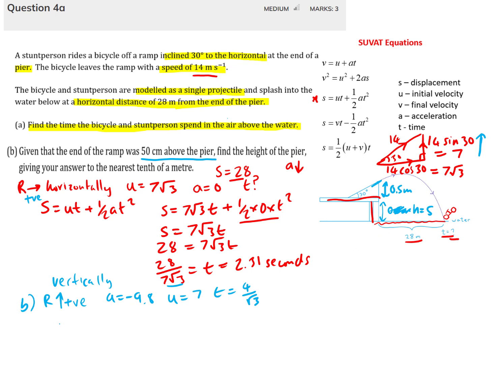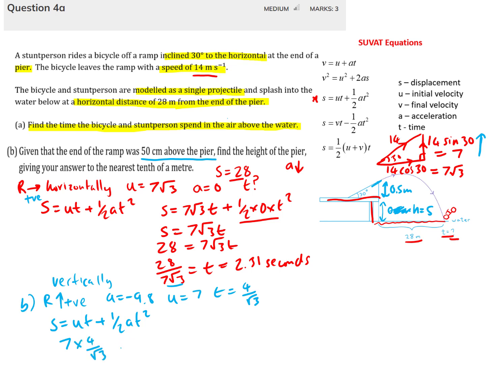So using what I said before, S equals UT plus a half AT squared. We just substitute the figures in. So we have 7 times 4 over root 3.